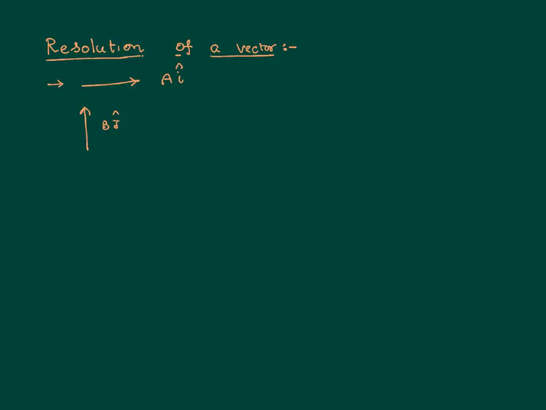So these vectors that we have drawn now have a particular direction: one is only along the x axis, whereas the other is only along the y axis. So it's very clear in which direction they are.